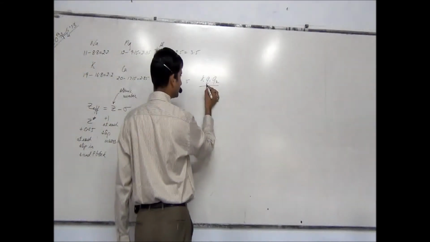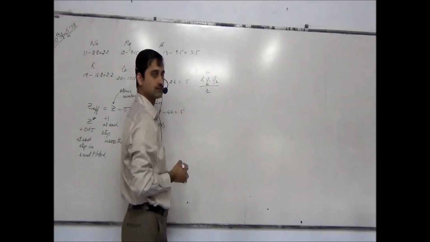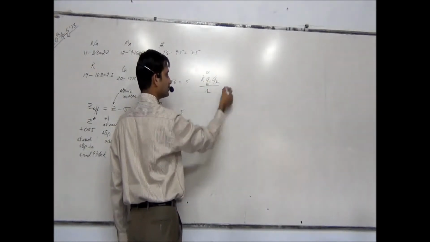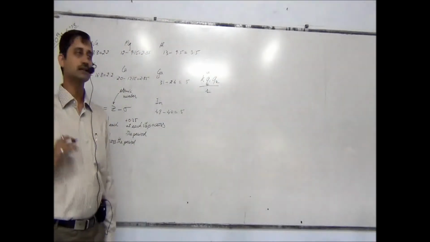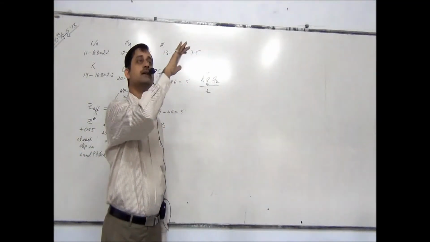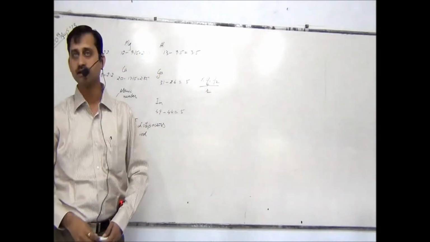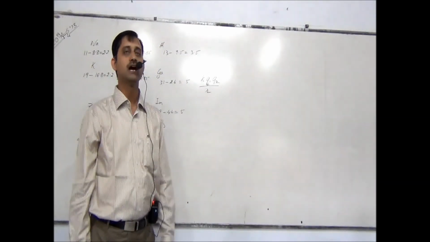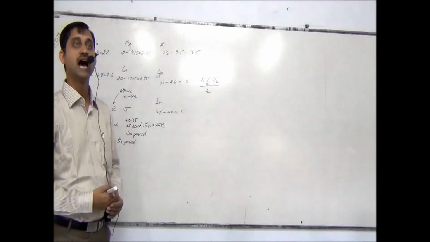So if Q1, that is the nuclear charge, or rather I should say not nuclear charge but the effective nuclear charge, increases, the overall energy released is going to increase. So as the effective nuclear charge increases, the energy released on adding the electron increases, and this energy which is released is called electron affinity.